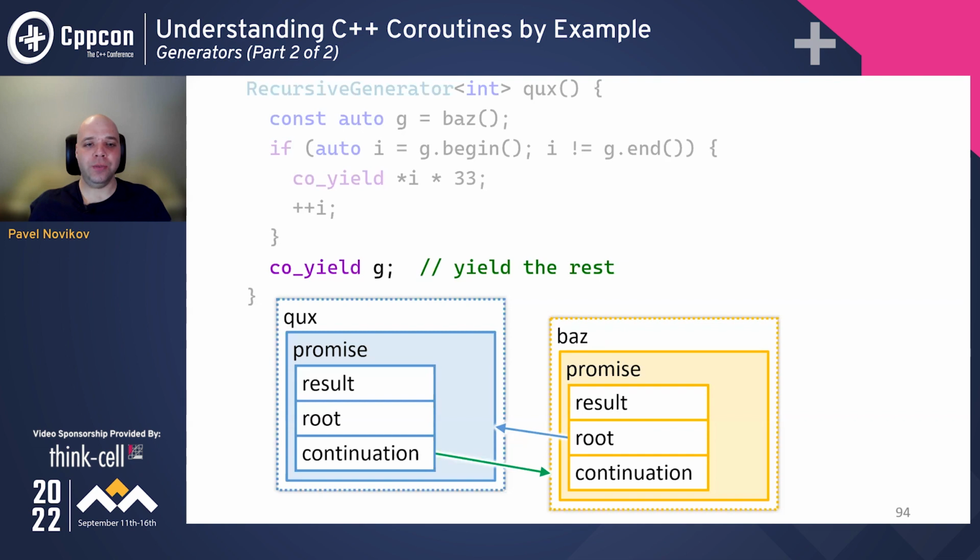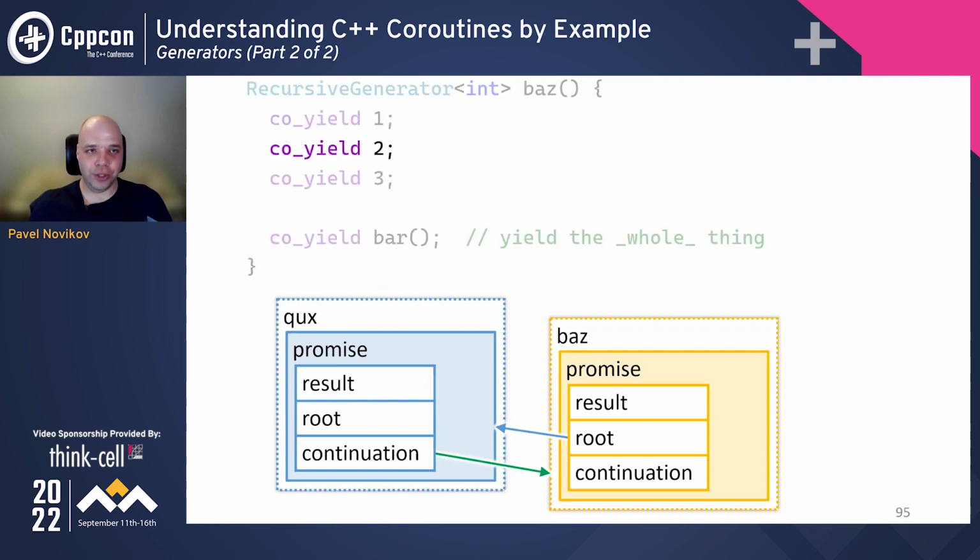So in this configuration, when we try to get the next value from cooks, we know that it has a continuation, and instead of resuming and suspending all the stack of coroutines, we can go directly to bus and get a value from the bus coroutine directly. In this case, we go straight inside of bus.